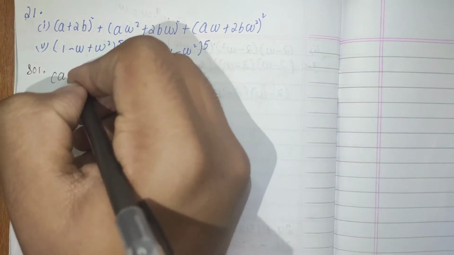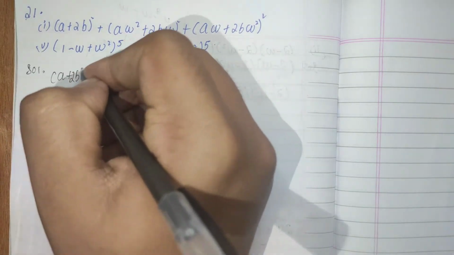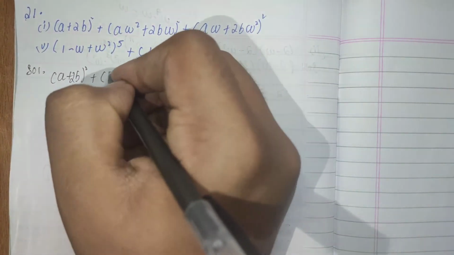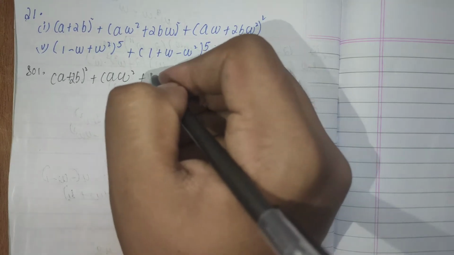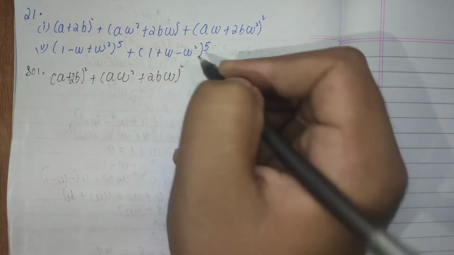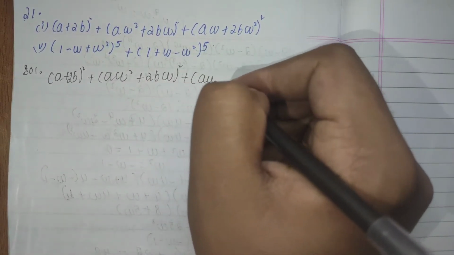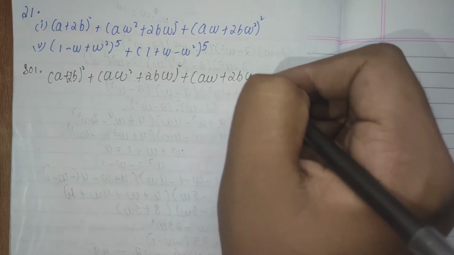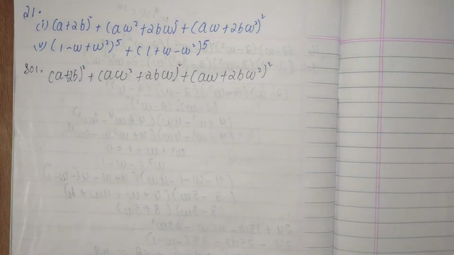That is a plus 2b whole square plus a omega square plus 2b omega whole square plus a omega plus 2b omega square whole square.